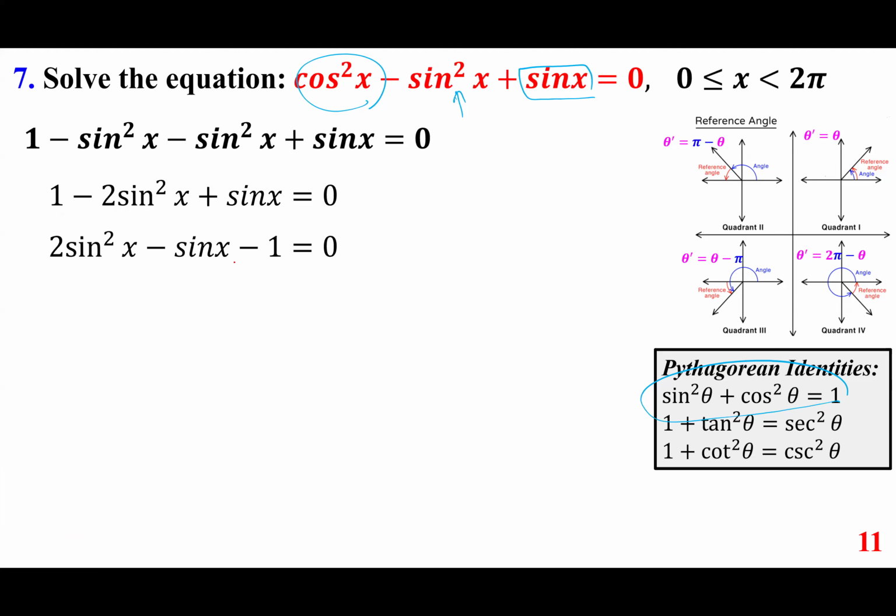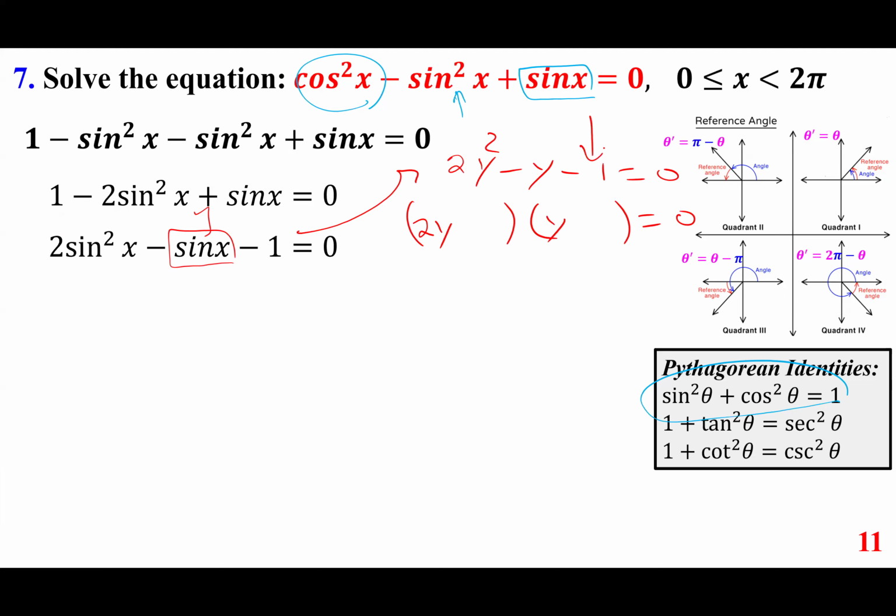If you have to, you can say this is, let's say, y, and you're dealing with 2y squared minus y minus 1. I don't do that, but I just want to make a point. Since 2 is a prime number, you have to go with 2y and y. Since this is negative 1, it's just 1 and negative 1. You have to put it in a manner that the middle term works.